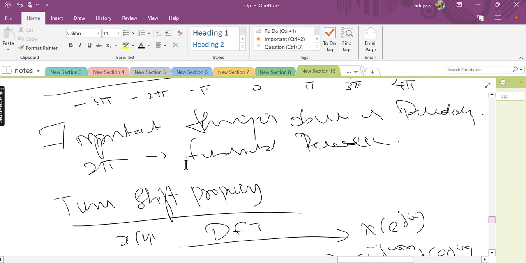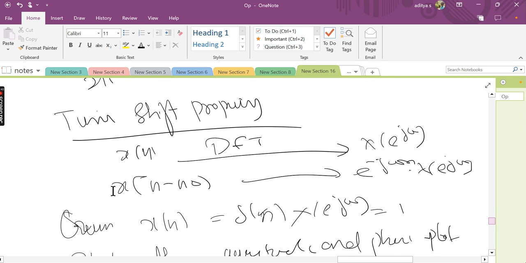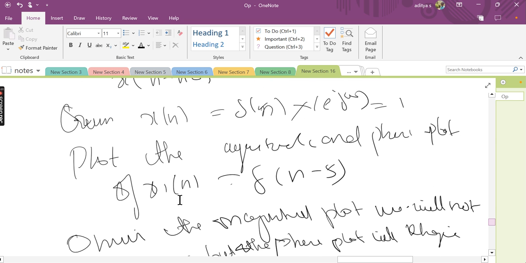An important thing to notice is that we are using the time shifting property. If x of n has Fourier transform X of e raised to j omega, then x of n minus n0 has Fourier transform e raised to minus j omega n0 times X of e raised to j omega.